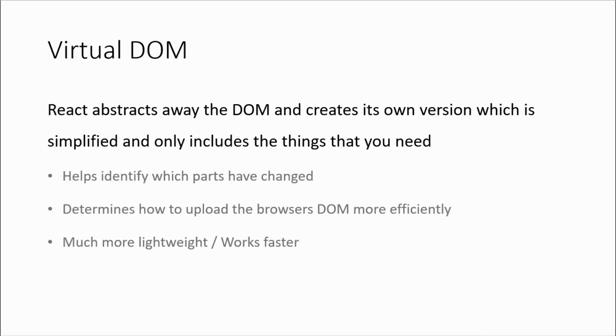So when you update your component and you want to re-render it, instead of having to refresh the entire application, React can take a look at what's changed and look at the original DOM and then just re-render that part that needs to update. It determines how to update the browser's DOM more efficiently, and it's also much more lightweight, and that makes it work a lot faster.